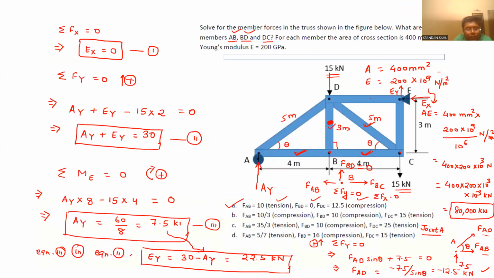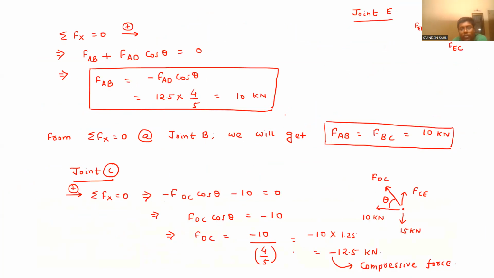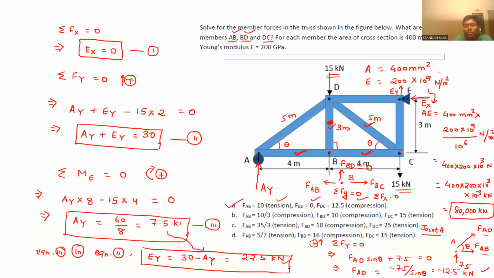And what is the value of EY? This is here 22.5 kilonewton. Now we can directly do summation of Fx equal to 0 again. We will get directly FED equal to 0. Means this is also a zero force member.